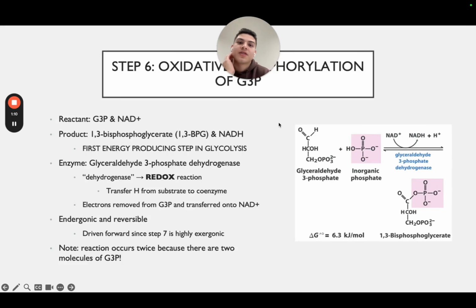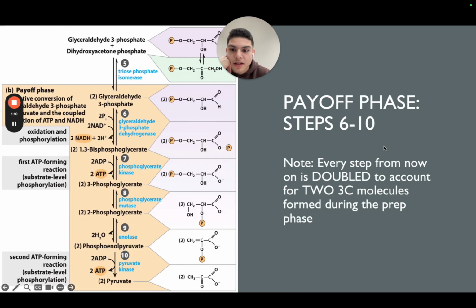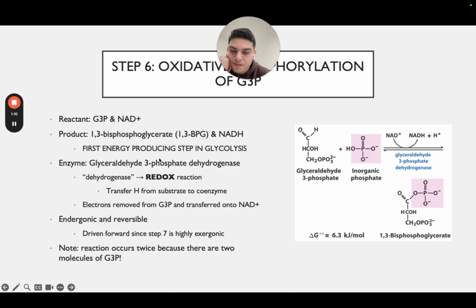So moving into the details of it, our first energy producing step in glycolysis where we form our NADH. We use this enzyme called glyceraldehyde 3-phosphate dehydrogenase. Dehydrogenase should really only be used for oxidation reduction reactions. And so whenever you see dehydrogenase, think NAD plus, NADH, or FAD and FADH2.